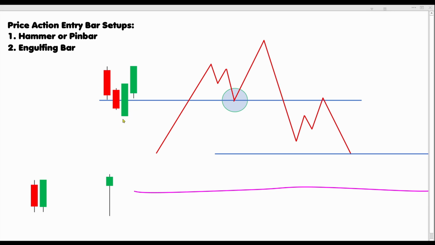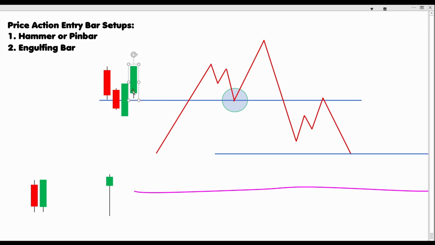The stop loss definitely has to go 1, 2, or 3 ticks below this, which will be my signal bar in this case. In this example, the stop loss should go 1, 2, or 3 ticks below this signal bar here.